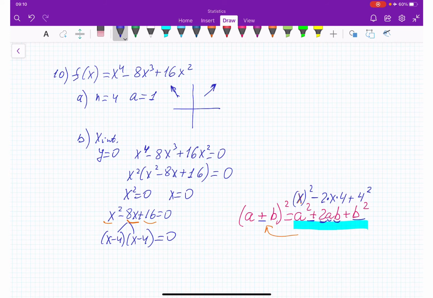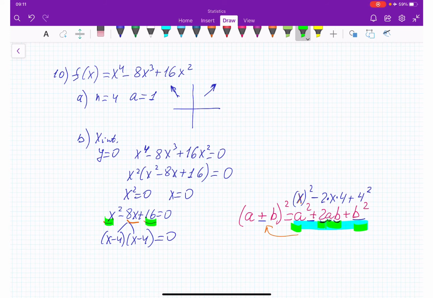Now you can say, well, this way is easiest, obviously, but to make your life easier, here is how you can go faster for this perfect square. You take the square of the first number, you take the square of the second number, and then multiply them by each other and double it, times 2. Let's see. Square of the first one is x to the power 2.